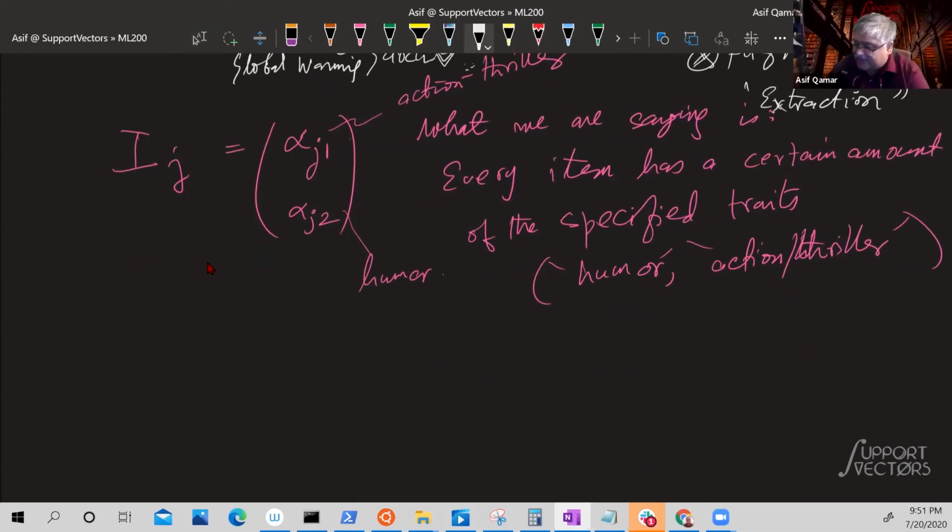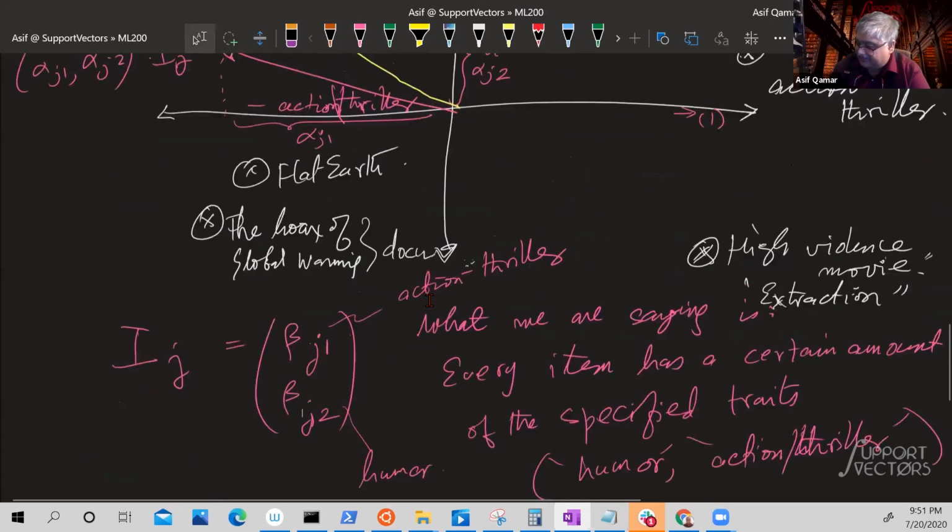So now user I can also be represented as, actually, let me use alpha and beta. Because people tend to do that, let me reverse the notation. Let me call it beta, for no reason. Because in the literature, you might find that people have used beta.